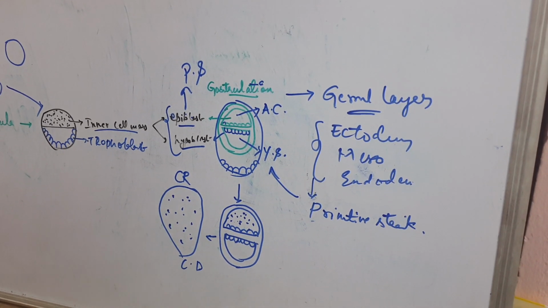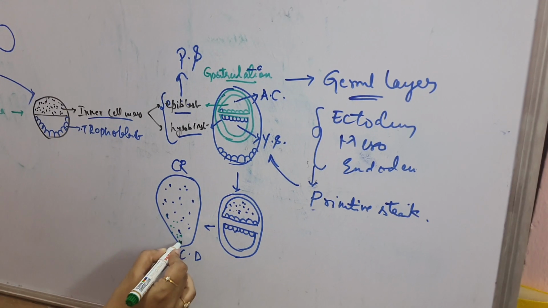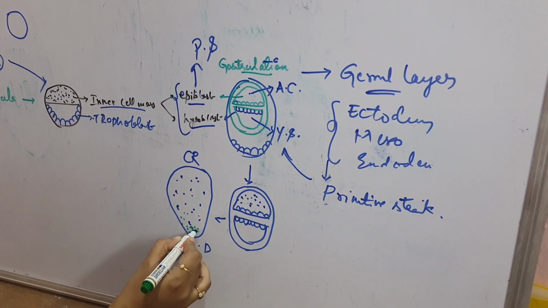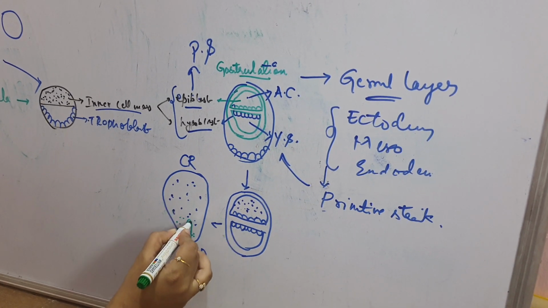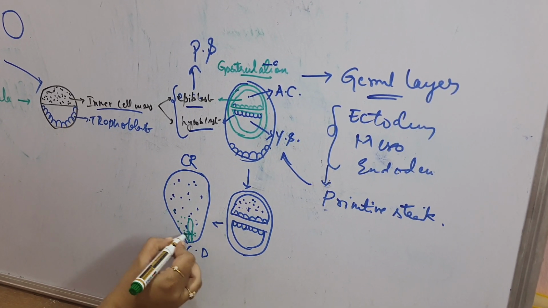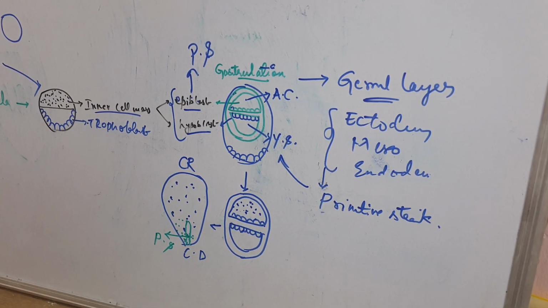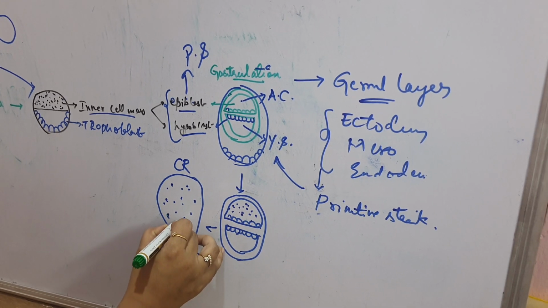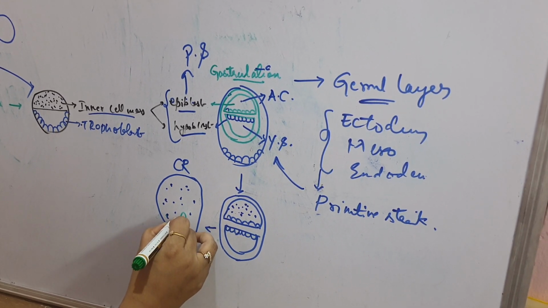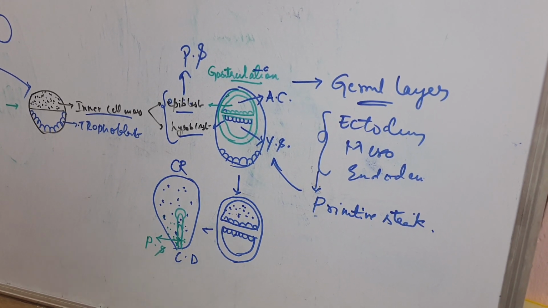What happens here? All the cells of the epiblast will invaginate and come to the center to form a small structure. This is called the primitive streak. So what happens here? This primitive streak slowly elongates towards the cranial end and forms a bulge towards the cranial end.